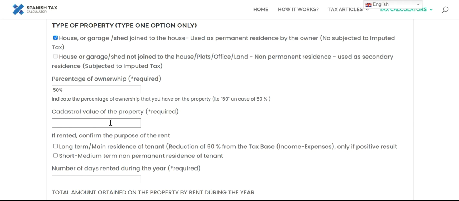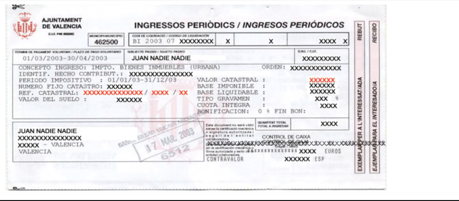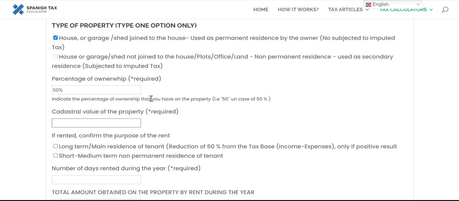I would like to remind you that in order to prepare the taxes in Spain, it will be very important to get the information about the cadastral value of your property. You can get the cadastral value in the council tax, the IBI receipt that you receive yearly, and there is a section that clearly says valor catastral. So imagine that the information you receive on your IBI receipt is 60,000 euros.